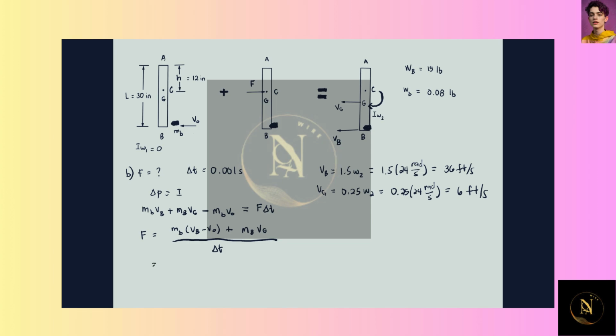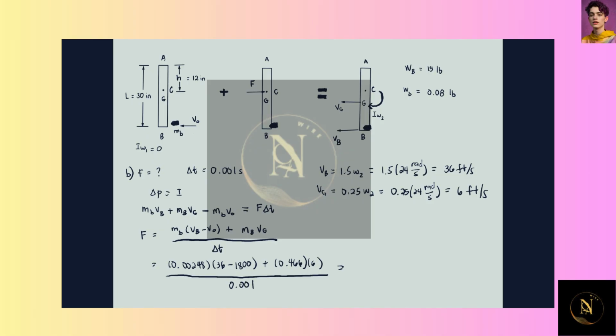F equals 0.00248 times 36 minus 1,800. Again, we're omitting the units for simplicity because the equation is quite long. Plus 0.466 times 6, all over delta T, which is 0.001.